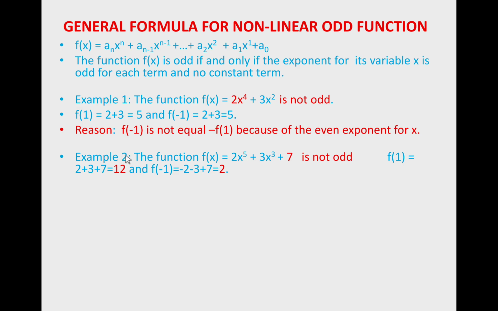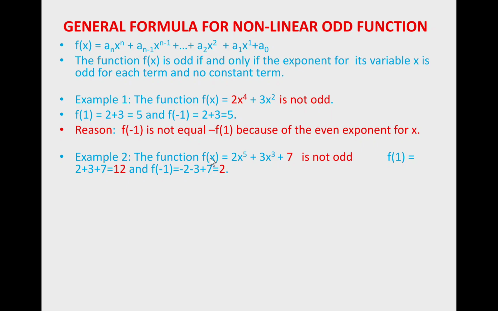Let's take a look at the second example. F of x equal to 2x to the power 5 plus 3x to the power 3 plus 7. If we do the math, for example, take f of 1. F of 1 will be equal to 2 times 1 to the power 5, which is 2, plus 3 times 1 to the power 3, which is 3, plus 7, and that's going to give us 12. And we're going to go ahead and plug in minus 1.